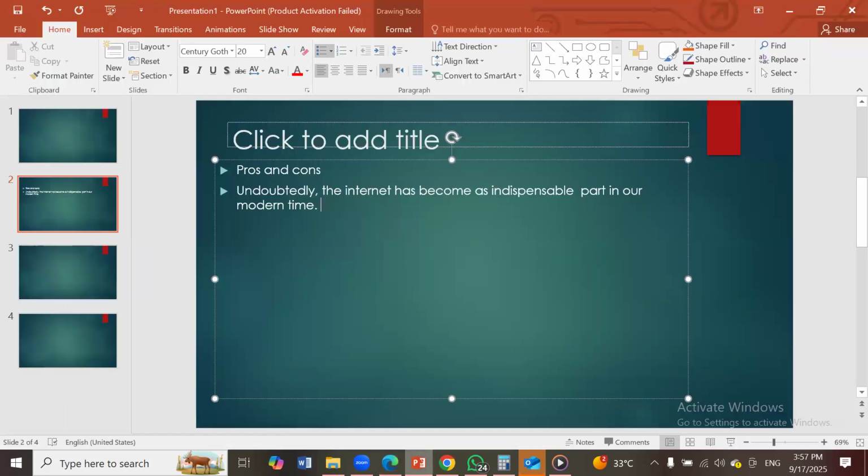What else? Or you can use, for example, although the internet has become an indispensable part in our lives, comma. When you use although, in spite of, or any sentence starters that we are going to tackle in a few minutes, you have to put a comma after the first clause. This is called a complex sentence.